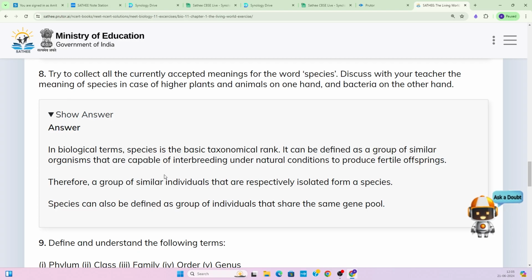In the same way, with plants, a mango plant of the same species can reproduce and produce young ones in the form of fruit. In the fruit there will be the seed, and when the seed is sown, it will give a fertile plant. In the same way, bacteria also. So in this way, we can say that they have the same gene pool.